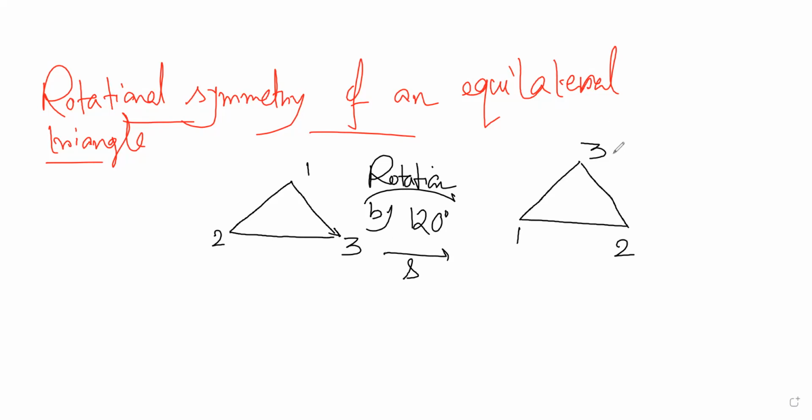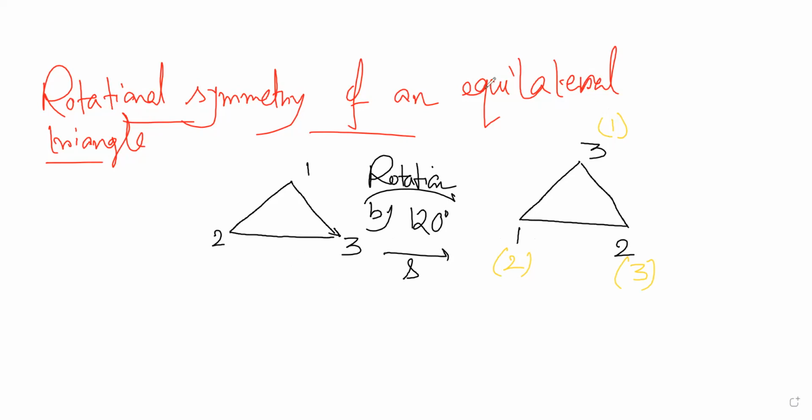If I mark the change, my 1 is there first, then 2, and 3. So vertex 1 changed to 3, vertex 2 changed to 1, and vertex 3 changed to 2, right?